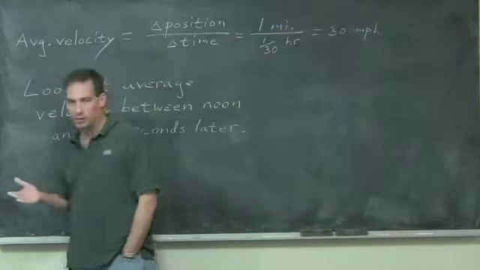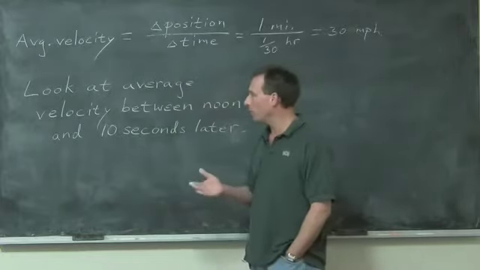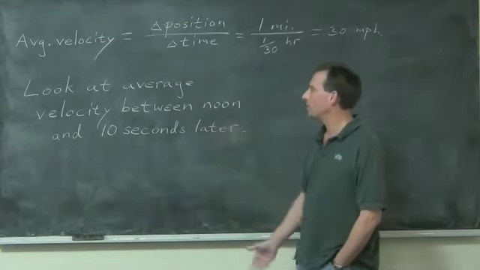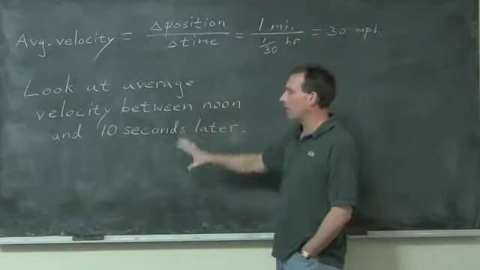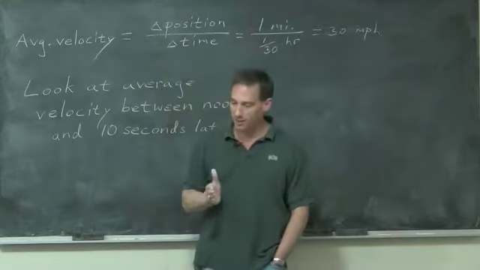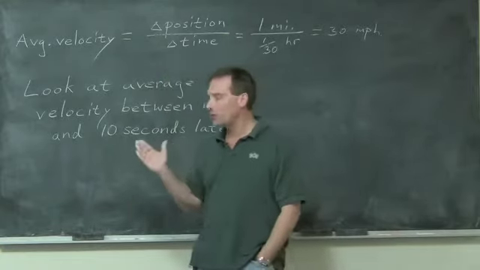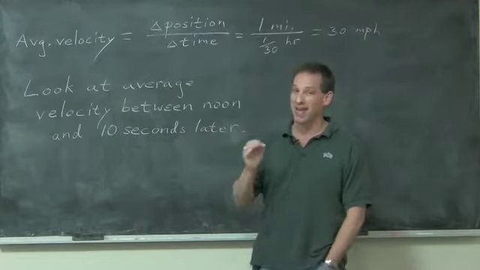And again, she could have stomped on the accelerator or stomped on the brake and radically changed her velocity in 10 seconds, so that knowing even the average velocity between noon and noon plus 10 seconds might not be a good approximation. Even if you know that, you might not have a good idea of what her actual velocity was at noon.